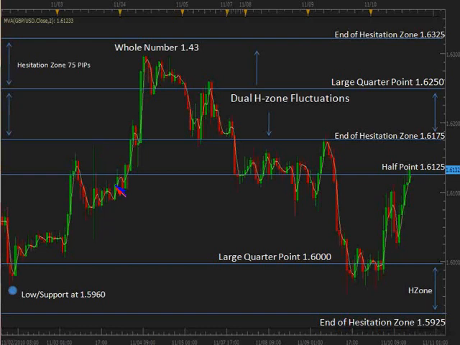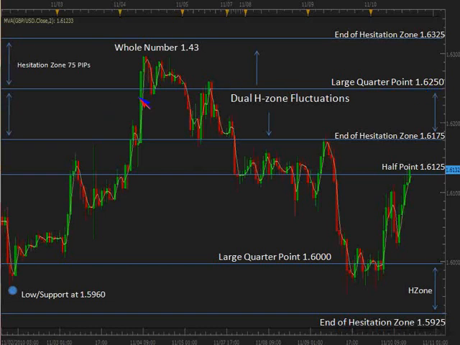Ultimately, the Fed serves as a catalyst for the pound dollar to strengthen versus the US dollar as well, breaking above these previous resistance levels and, surprise, surprise, producing a successful completion of the large quarter between $1.60 and the targeted large quarter point above, which is $1.6250.